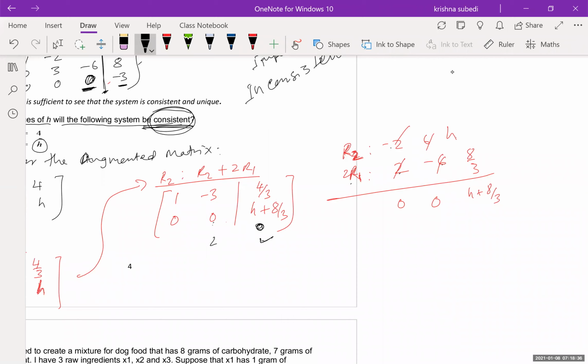But because there is 0, this part must be 0. So for the system to be consistent, h plus 8/3 must be 0, which means h equals 8 over 3. In that case, there are infinitely many solutions, by the way.